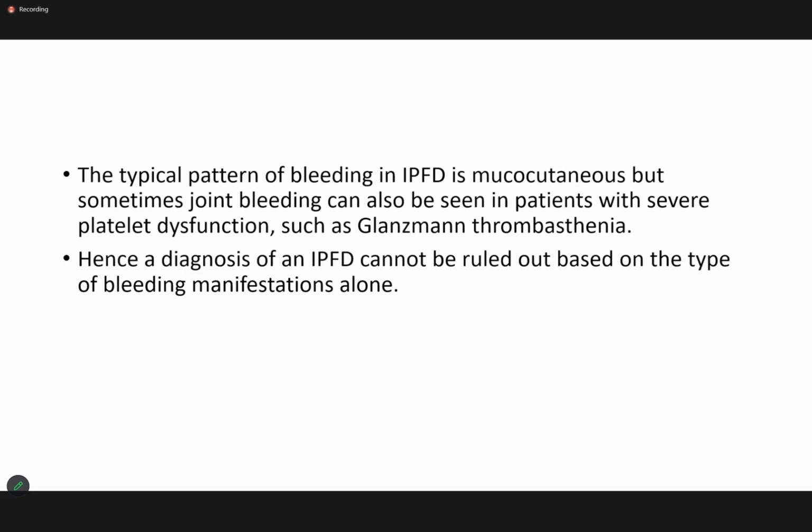Hence the diagnosis of inherited platelet function disorder cannot be ruled out based on the type of bleeding manifestation alone. You need to scrutinize everything before you conclude a certain disease or certain diagnosis.